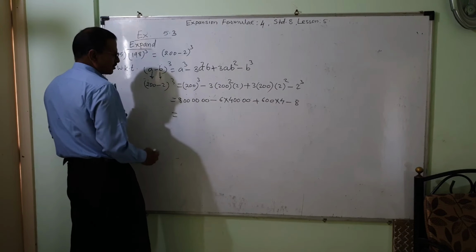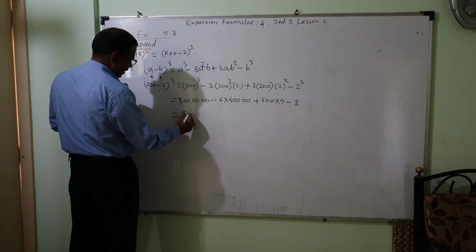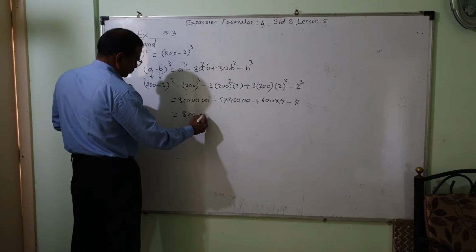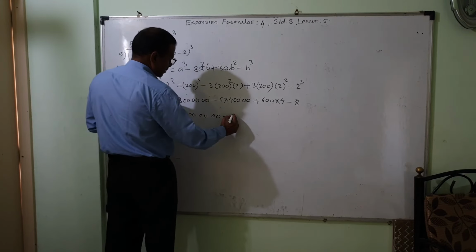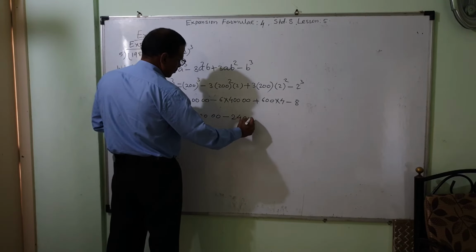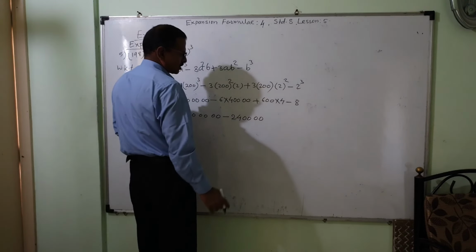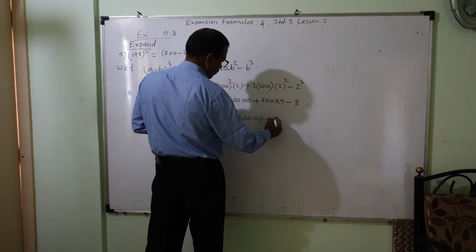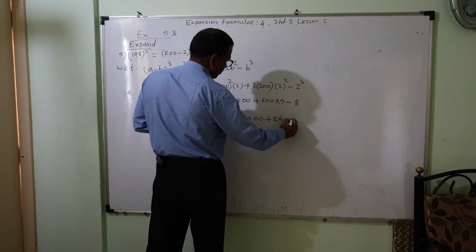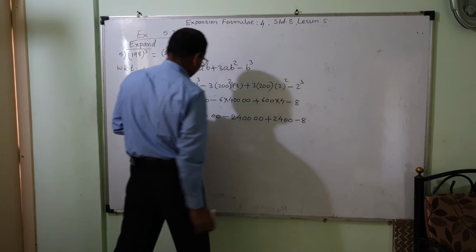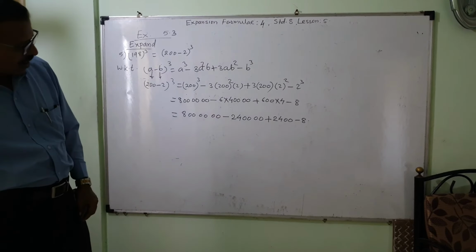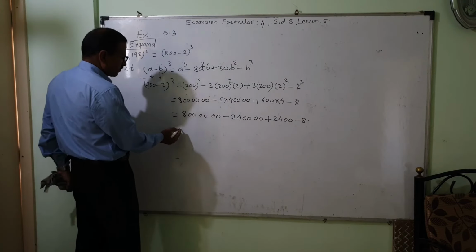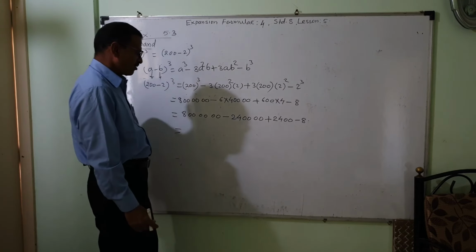So that is equal to 8,000,000 minus 3 into 4 is 12, 12 and these 4 zeros, minus 2400 minus 8. Now this we have to solve. So how we will solve is, sequentially we will go.